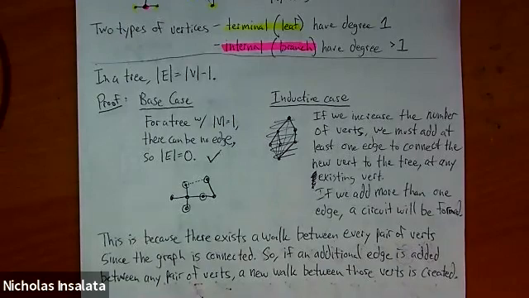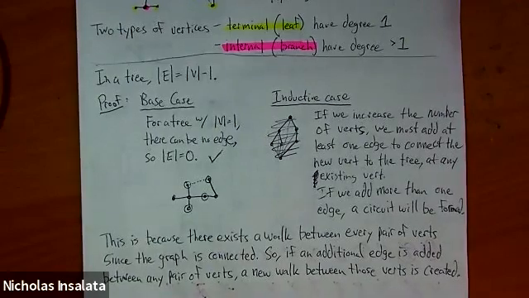By definition of a circuit, it stays connected if you remove an edge. Okay, yeah, so let's look at the definition of circuit. So let's pop back to that here. Where's our definition of circuit?